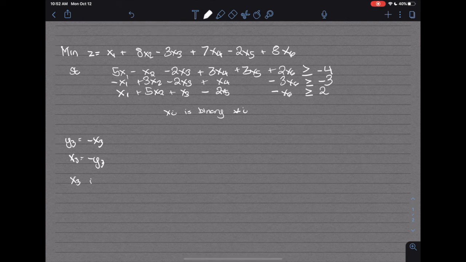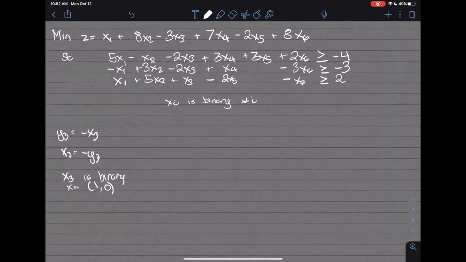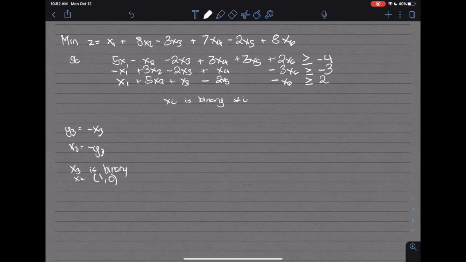x3 is binary, therefore it can only have the values of 1 or 0. If we do the transformation y3 is equal to negative x3, y3 now will have a possible value of negative 1 or 0. Negative 1 is not a binary variable.